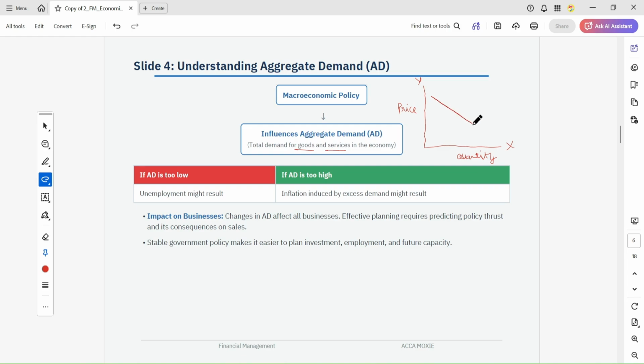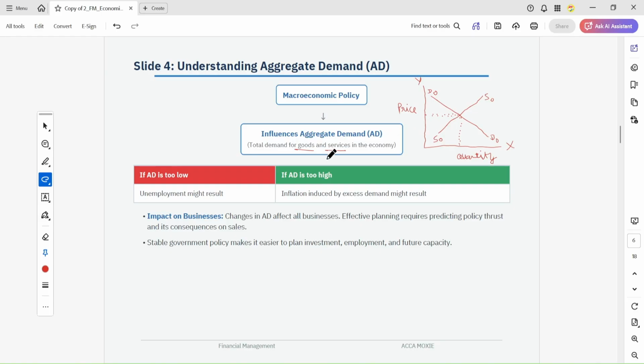This is the demand curve and this is the supply curve, with price P0 at the point where the two meet. The price will be set as per demand and supply rules. For the same product you have demand and supply, and there is a point where the price will be set.